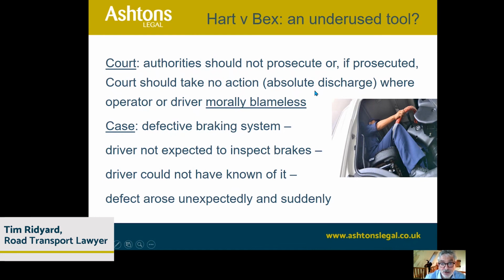Say, traffic commissioner, this is what happened in this case. It's a Hart and Becks situation. Most traffic commissioners should know what Hart and Becks is. And you can say that there shouldn't have been a court case, there shouldn't have been a fixed penalty or whatever, because the driver or you as an operator were morally blameless.